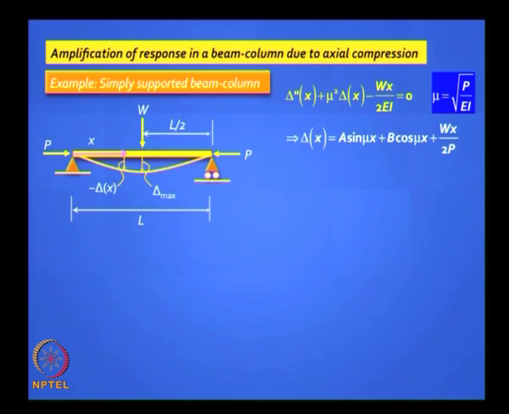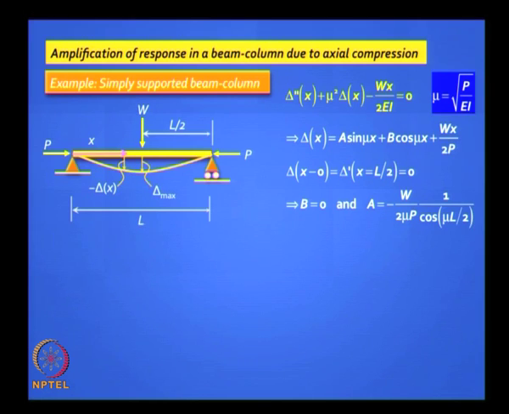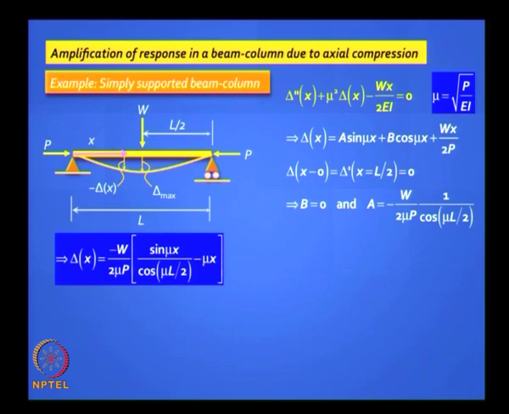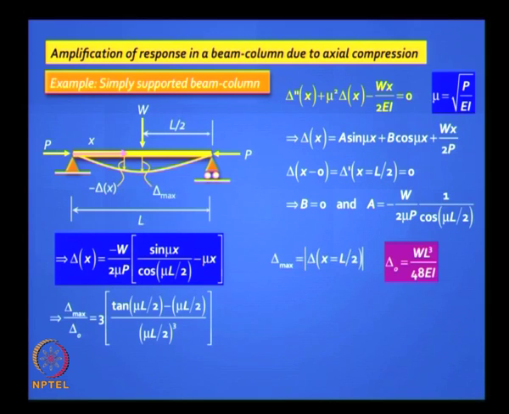So let's do that. So you can write the equation, solve that equation, put the boundary conditions, write an expression for delta, find out the maximum value at the midspan. Let us normalize it with the static deflection for a non-slender case. So delta naught is W L cube by 48 EI. So if I take that ratio, delta max by delta naught, and I simplify, how do I simplify a tan function?